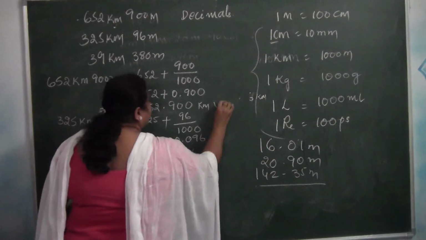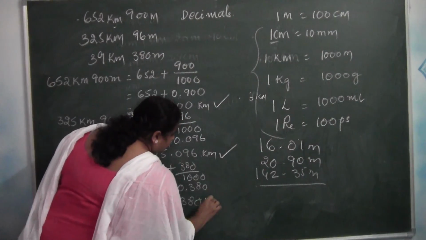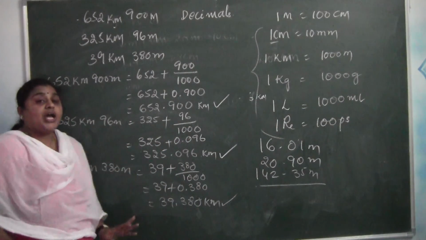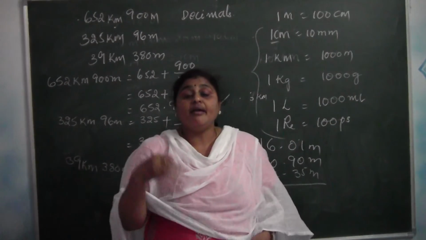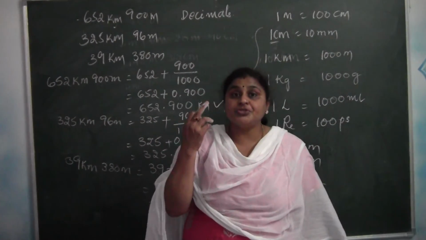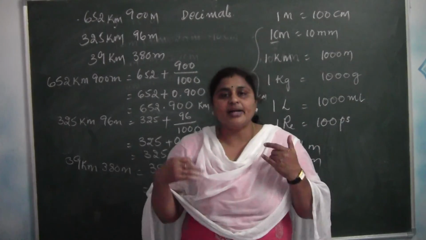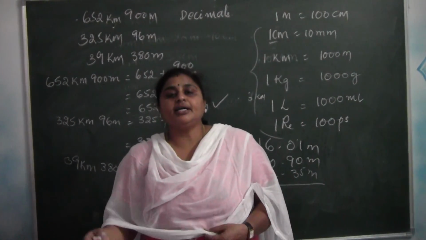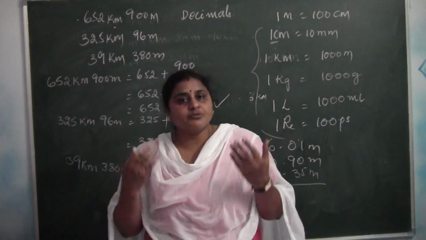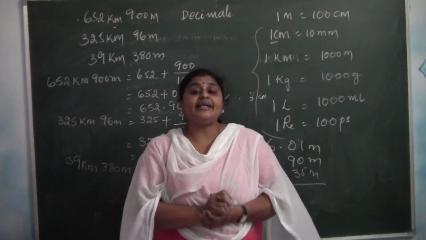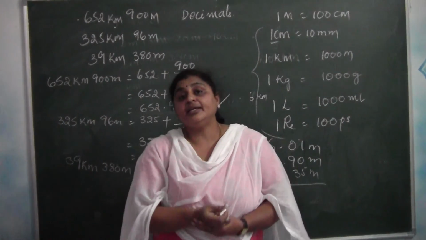Now you add this and the last one. So what you have done in all these three is expressed everything in terms of kilometers using decimals. Once you have expressed in terms of kilometers, or kilograms, or liters, then it is easy for you to add the decimals.